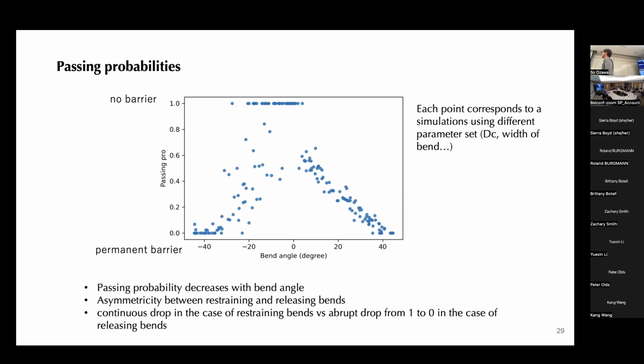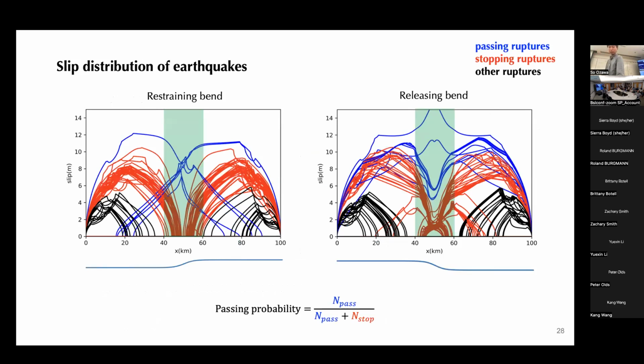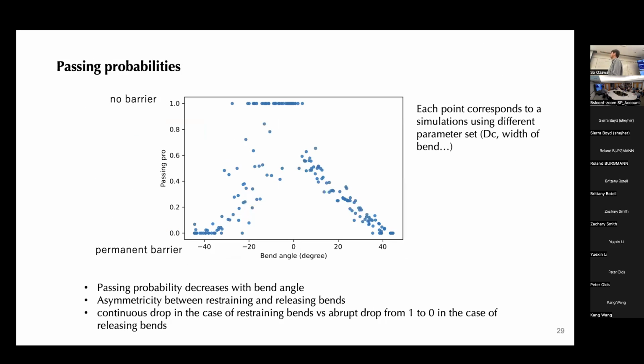As you can see, the passing probability defined from this equation is basically a function of bend angle. As you increase the bend angle, you tend to get smaller passing probability. One interesting point is that there is an asymmetric structure. The positive bend angle means restraining bend, and the negative means releasing bend.